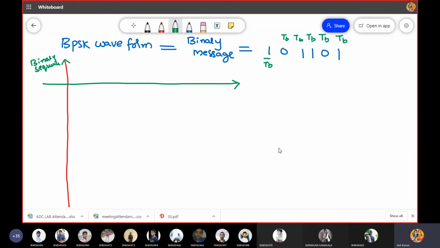Duration of each and every bit is Tb. You need to represent each bit within the Tb duration. This is Tb, this is Tb, this is Tb. This is called Tb, this is 2Tb, this is 3Tb, this is 4Tb, this is 5Tb, and this is 6Tb.